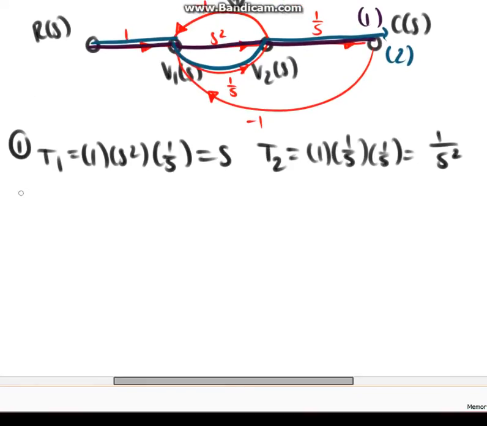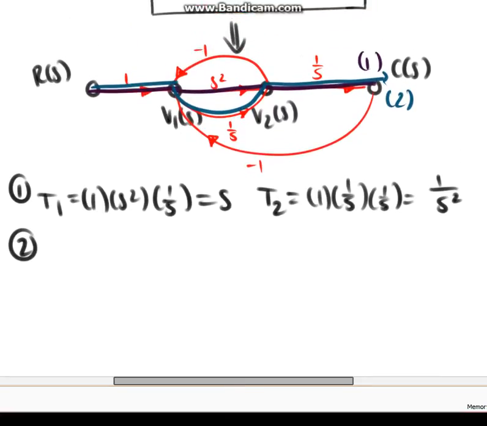The second step is to find our loop gains, and we have 2 loop gains, which are this backward loop here and this one large backward loop here as well.